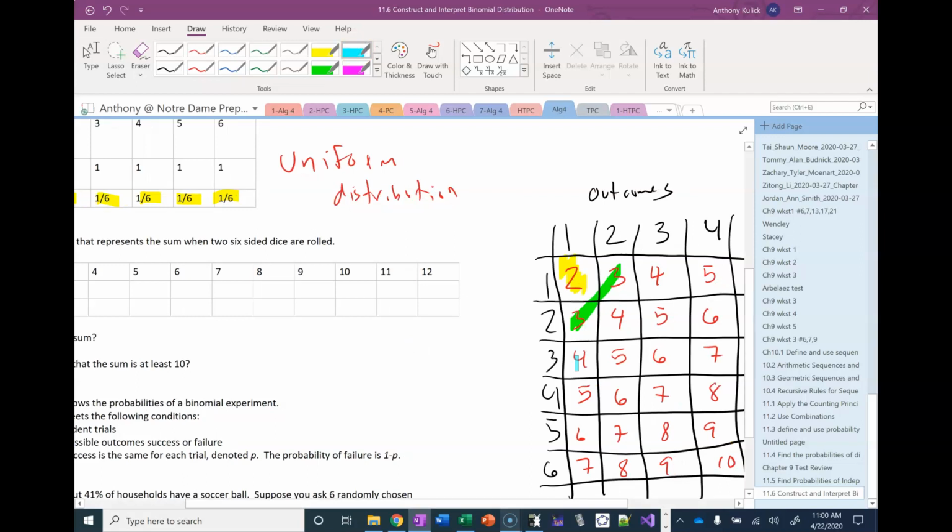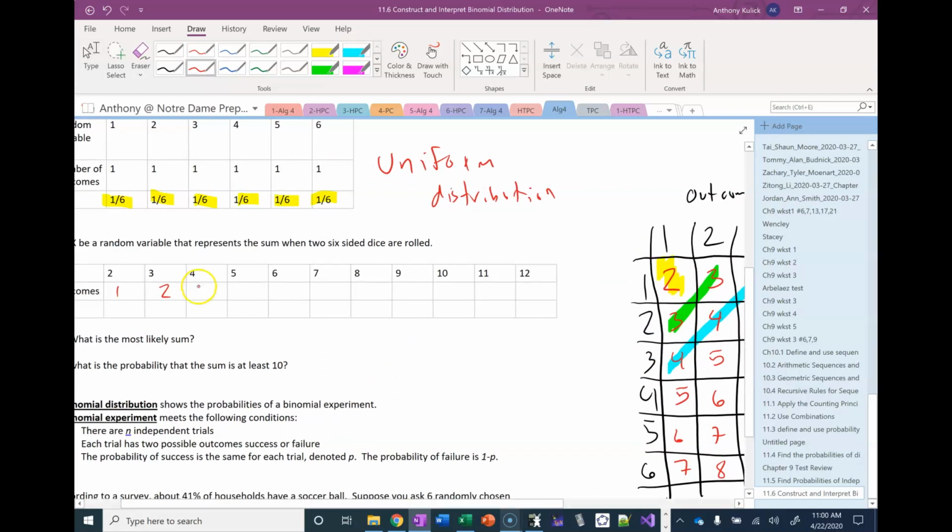To get a 4, there's 3 ways. There's 4 ways to get a 5, 5 ways to get a 6, 6 ways to get a 7, 5 ways to get an 8, 4 ways to get a 9, 3 ways to get a 10, 2 ways to get an 11, and 1 way to get a 12.